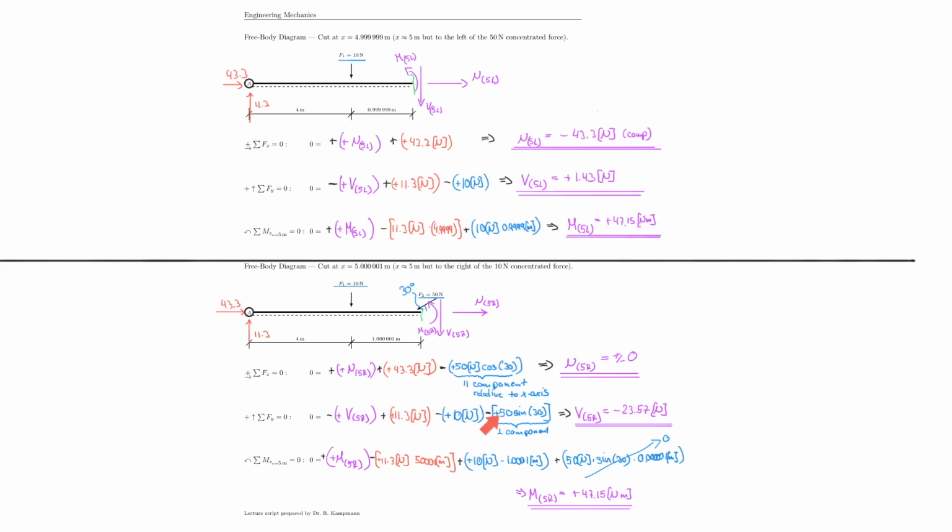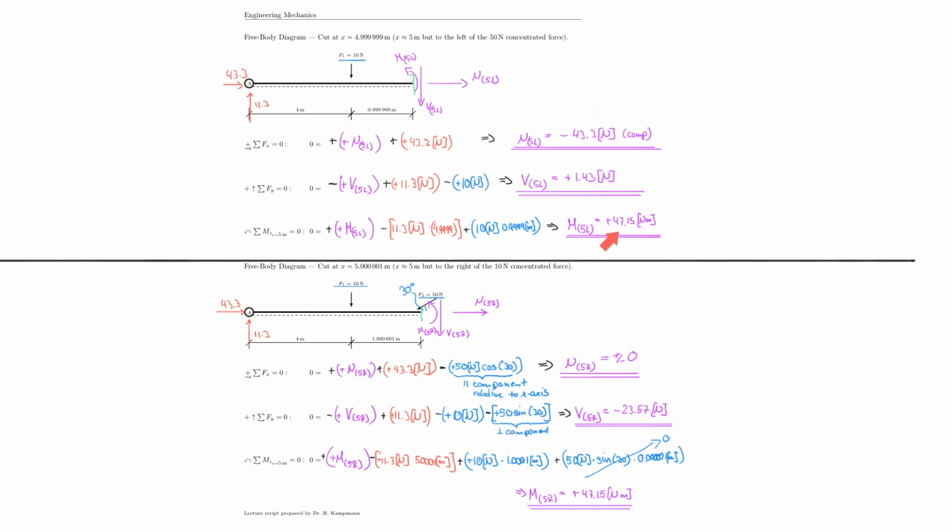It changed by this amount, right? Because if you look at this equation, the only difference between this equation and this equation is really the 50 sine 30. So what you can really see is that from here to here, there's no difference because you have no force, but once you add this force, something changes, and that is reflected right here.